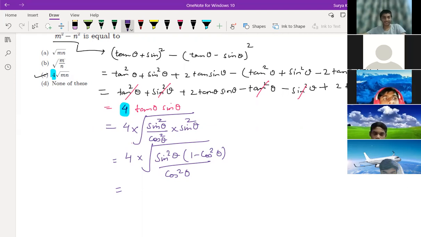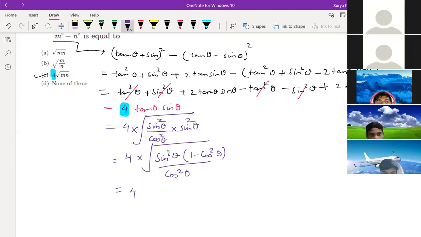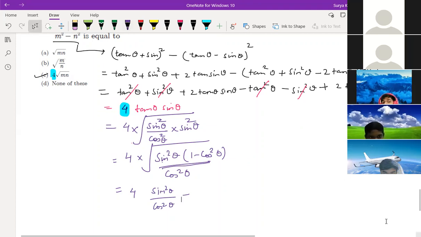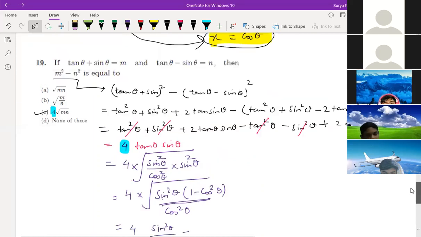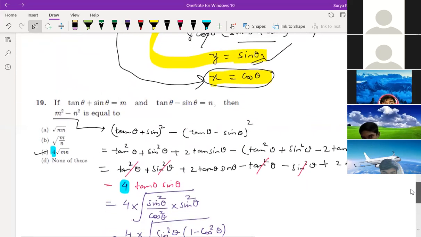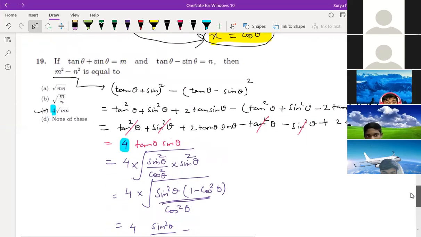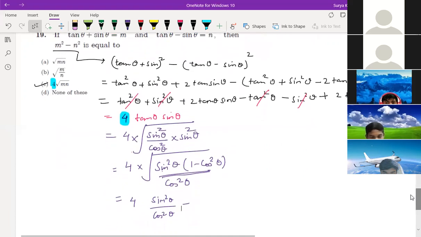Then what can we do now? So 4. Sine square theta, you multiply this by cos theta, you can write here like this: sine square theta by cos square theta, and so tan square theta and sine square theta, right? What should come? M and n, right? The tan square theta minus sine square theta should come.